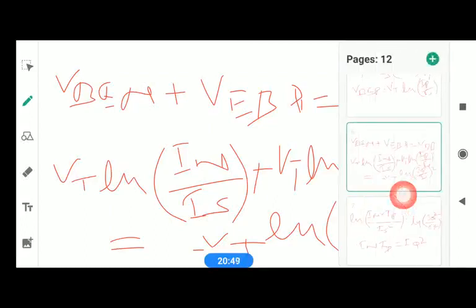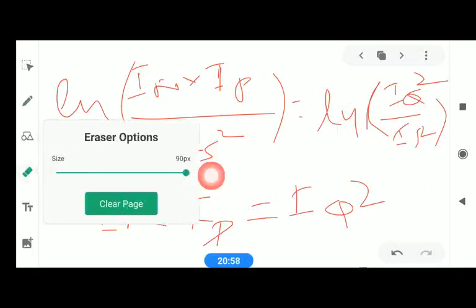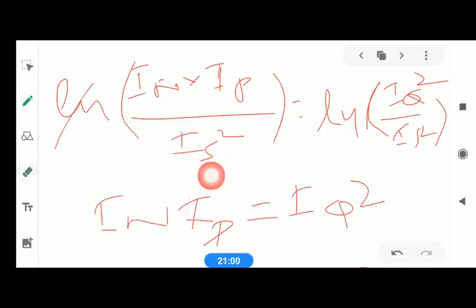So that you can see on this board. So we have this, right? Then we can cancel this ln. This ln and this ln get cancelled. Then the square gets cancelled. Then what we will get? In into Ip is equal to Iq square.